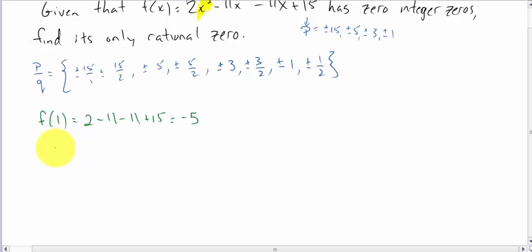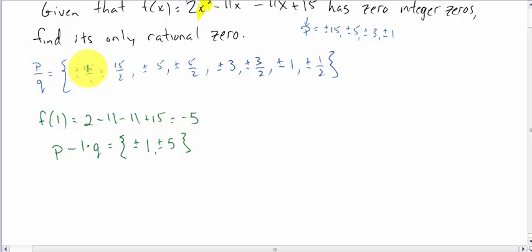And the corollary tells me that p minus 1 times q has to equal factors of that. So p minus q, in other words, the numerator minus the denominator, has to be either positive or negative 1, positive or negative 5.